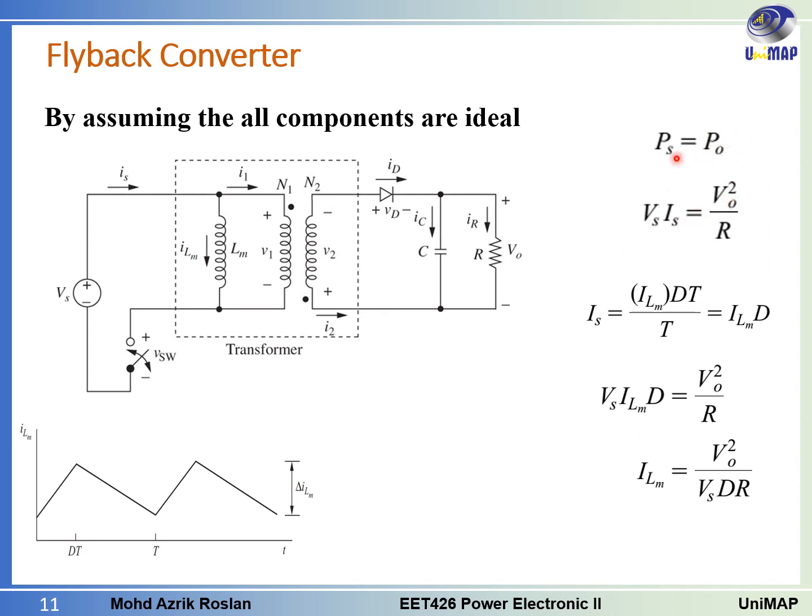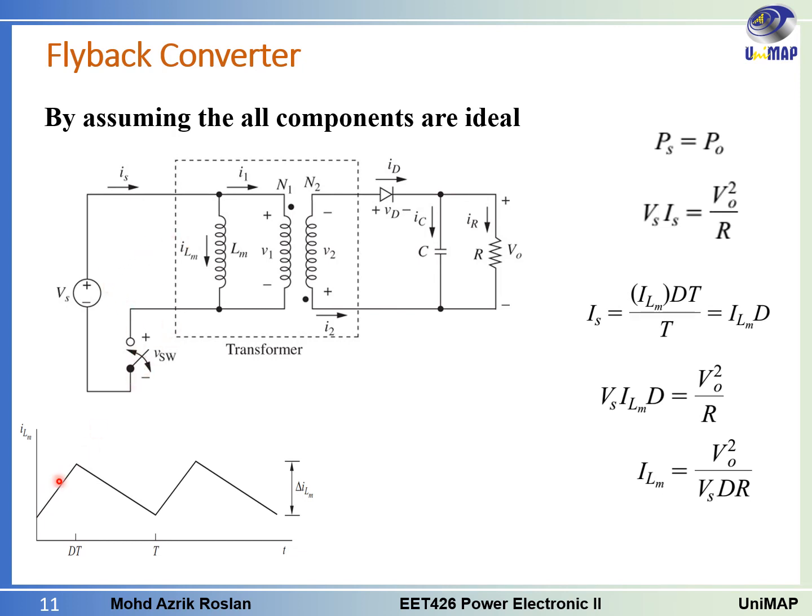So we have the input power Vs Is, the voltage source multiplied by the current, equal to the voltage at this point, V out squared divided by R. For the Is, you have to know that Is will be the same as the ILM during the switch turn on.